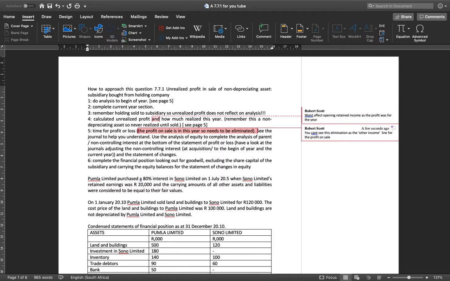You would have still got the marks if you had shown the line and then put in there 20 in brackets, minus 20. I could have seen your workings and I would have given you marks for that. But if you had just left it out, it would have been fine too, because that's ultimately what's happened. The intra-group profit on the sale of that land and buildings has been eliminated.